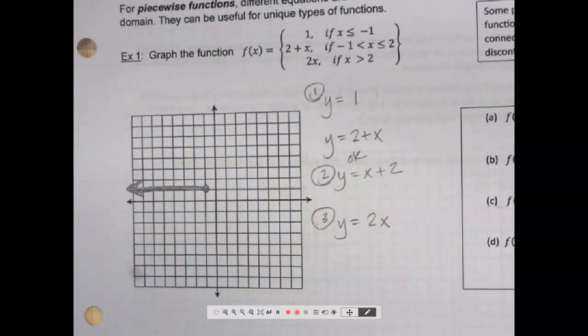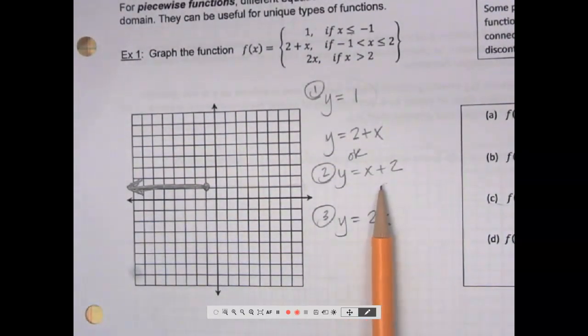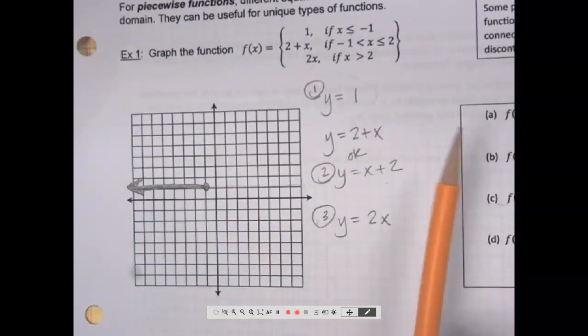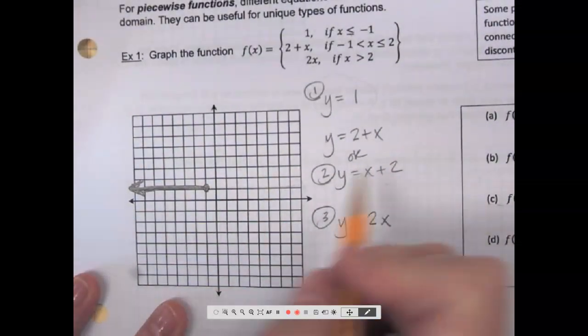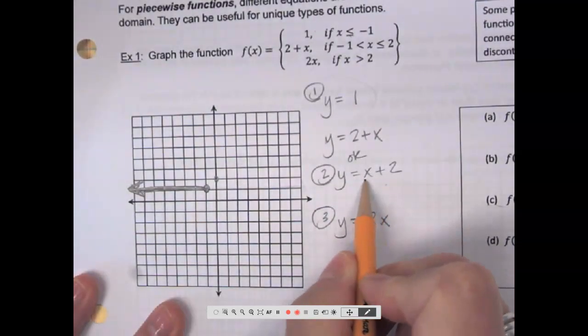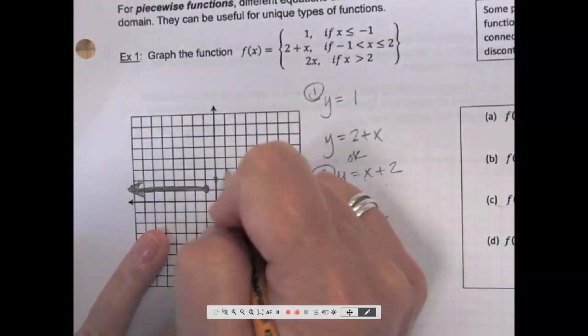All right, the second part is the line y equals x plus 2. Let's just graph it, see what it looks like. Then we'll go back and worry about this mess up here. Okay? So if I were graphing this, I would get a 2 on the y-axis, and I have a slope of 1. So think of your rise over run. We're going to go up 1, right 1, up 1, right 1.